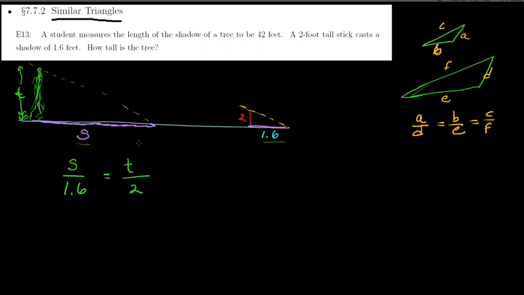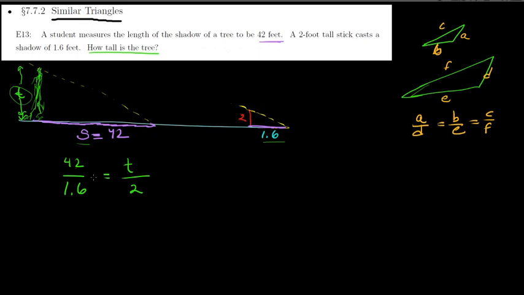We were actually given the length of the shadow, S. I should have just labeled that as 42 feet, so I can replace S with the number 42. This is our proportion, and we should be able to solve for T, the height of the tree.